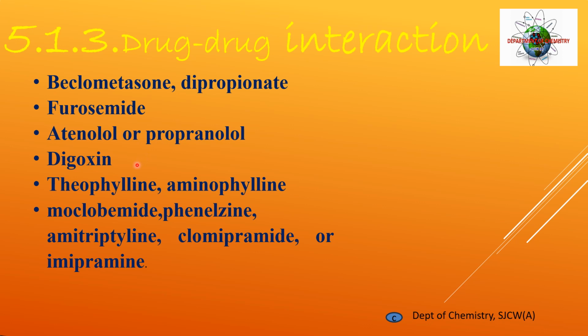The next is a drug used to regulate abnormal heart rhythms, like digoxin, and certain antidepressants such as moclobemide, phenelzine, amitriptyline, clomipramine or imipramine. Breathing aid tablets recommended for asthma, such as theophylline and aminophylline. All these drugs can interact with salbutamol. Breastfeeding and pregnant women should avoid taking salbutamol.